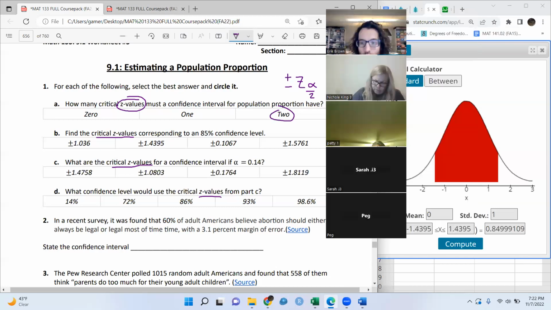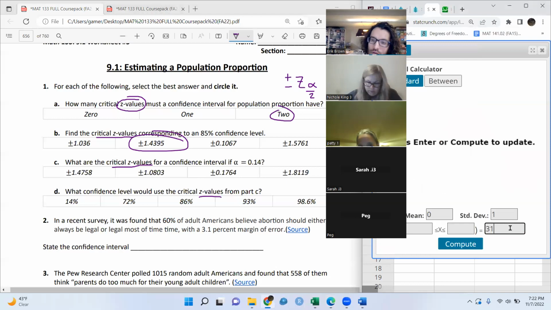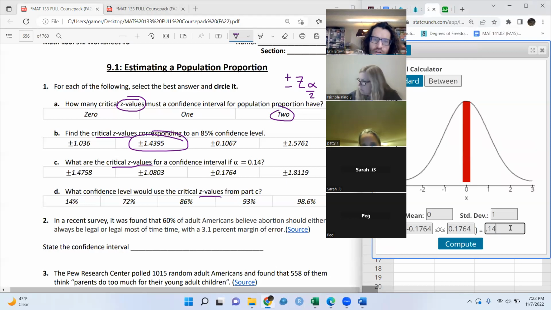Did you all get 1.4395 for B? Yep. Good, good, good. Did you get 0.1764 for C? Yes. Ooh, uh-oh.